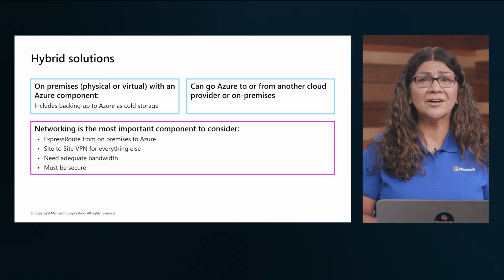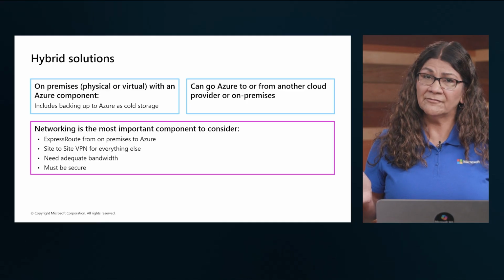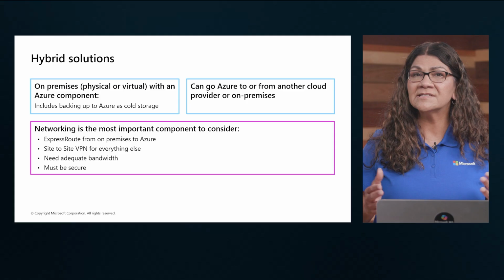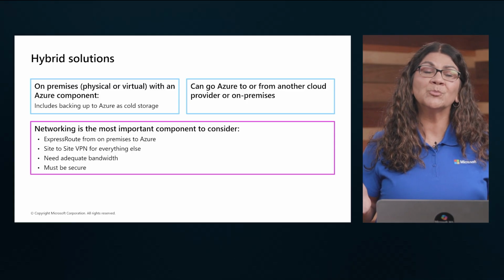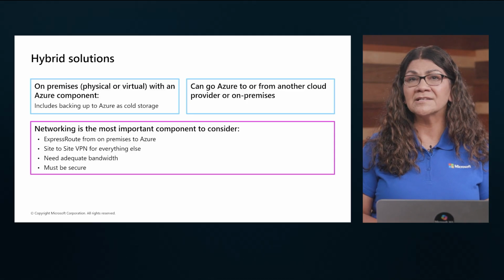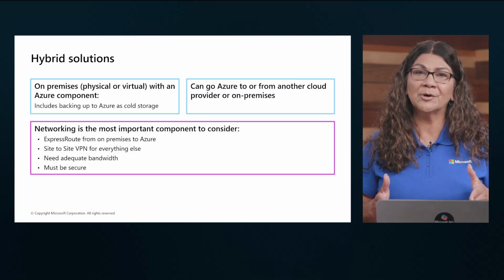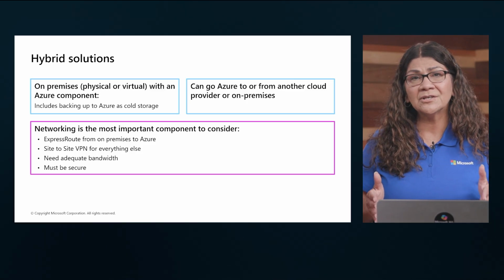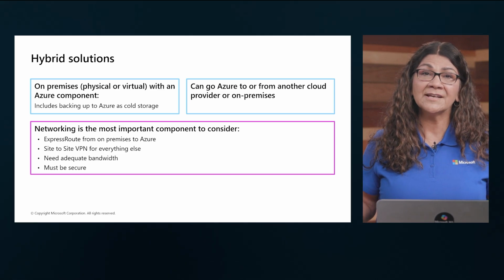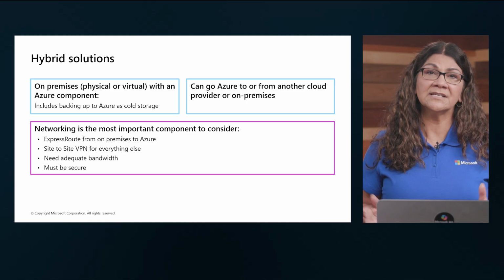Hybrid solutions are very common as organizations integrate on-prem infrastructure with Azure to create flexible, resilient architectures that support backup, migration, and disaster recovery across environments. Here, networking is the most critical component, and it's recommended to use ExpressRoute for high-speed private connections and site-to-site VPN for secure connectivity.